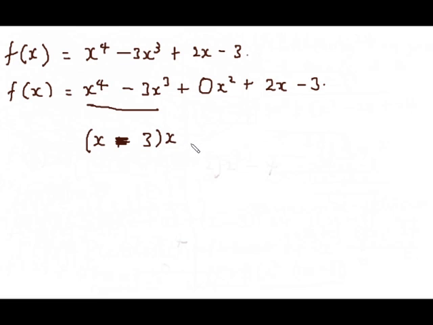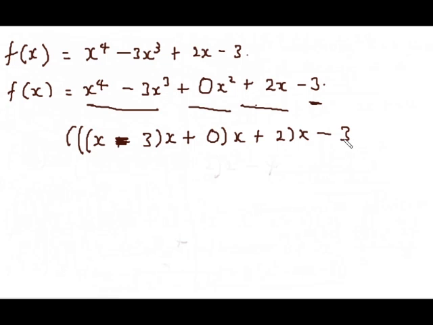So I go to the next term and I write the constant term there, so plus 0, and then I bracket it, and then I write my x outside, and then I go to the next term and I write the constant term there, and then brackets. So I have my x outside of it till I get to my constant value, which I don't need to do that for. I just need to write minus 3 at the end. So this is the nested form of this.